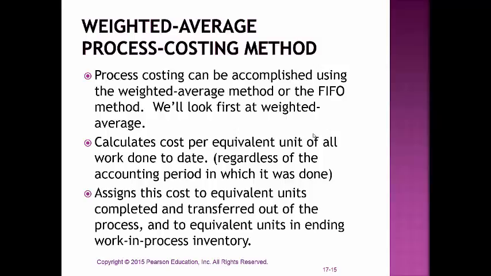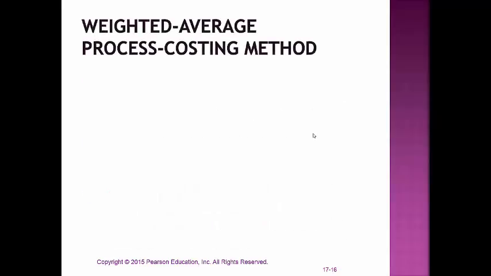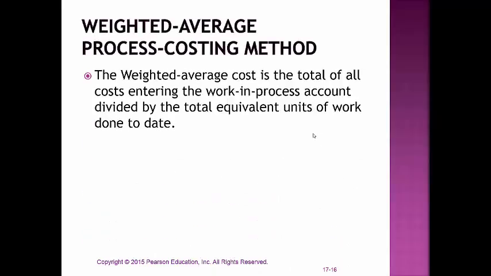In the weighted average one, it's basically just an average, and it's going to be divvied up between the work in process inventory that's remaining and those items that are transferred out. So we're going to total up all our cost and divide it out by the total equivalent units of work done to date. It's pretty easy.